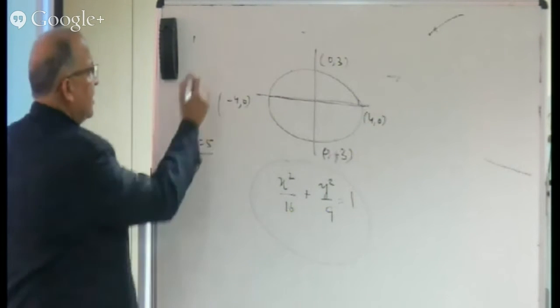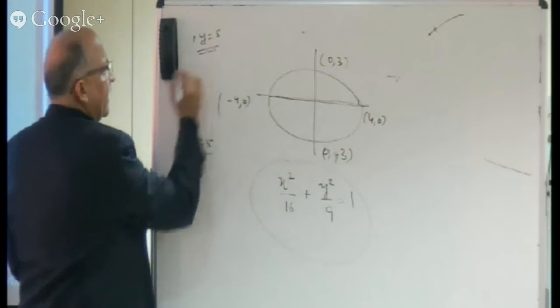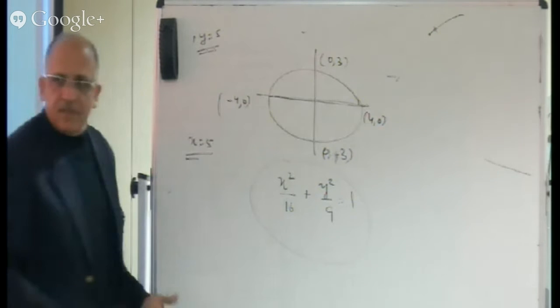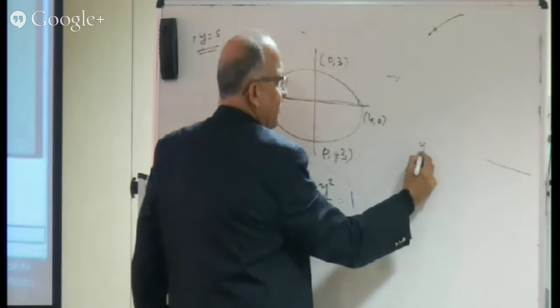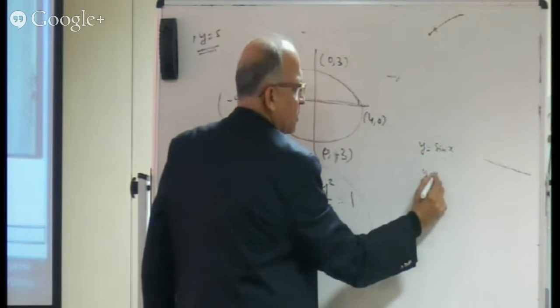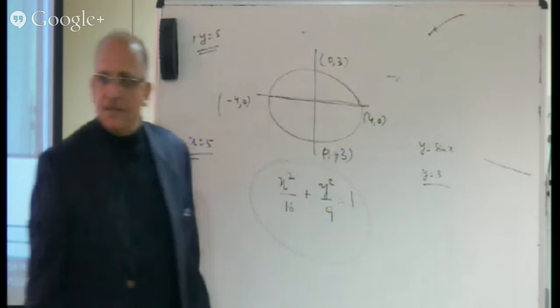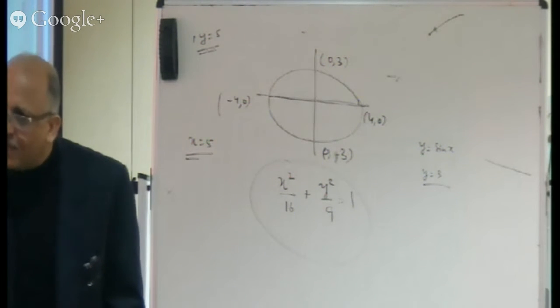If somebody asks you what is the intersection of y is equal to 5 and this ellipse, no intersection. If somebody asks you what is the intersection of y is equal to sin x and y is equal to 3, no intersection, because sin x cannot be more than 1.